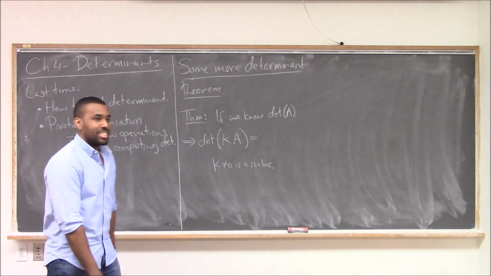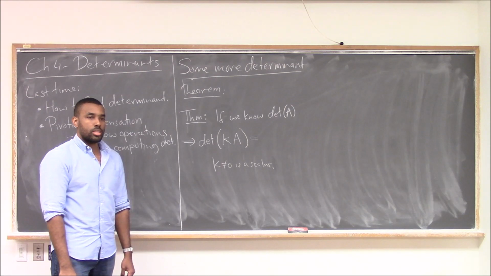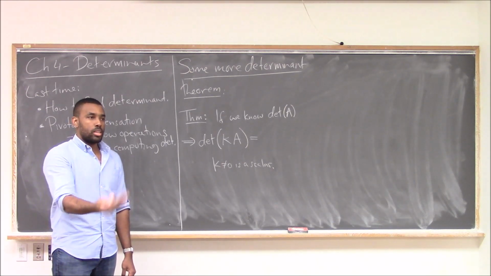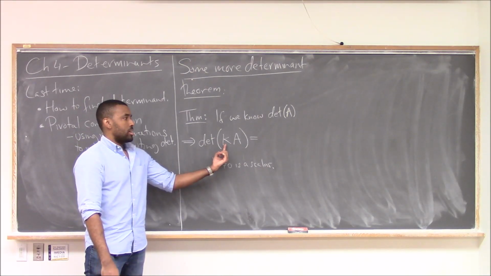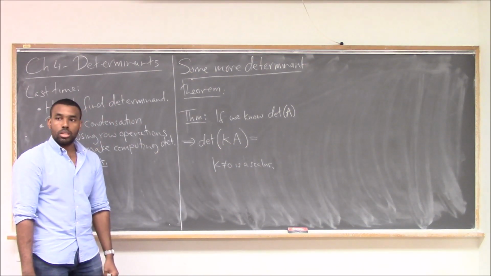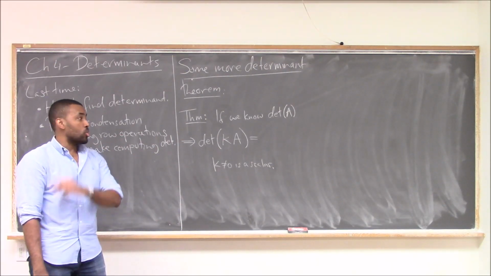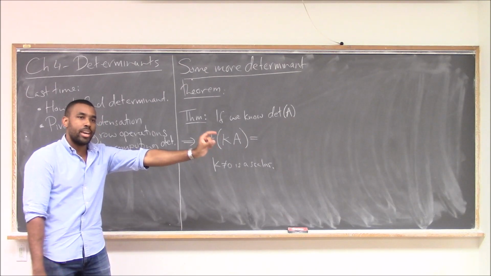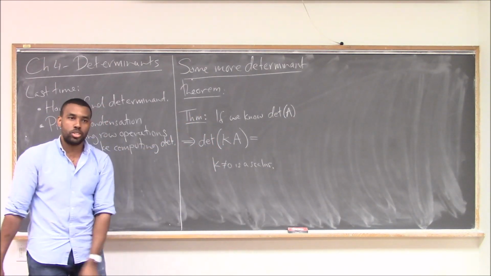What was the rule that we said? If we multiplied a row by a constant, that multiplied the determinant by a constant, right? What does it mean to multiply a matrix by a constant? You would multiply every row by k. So if each time I multiply a row by k, I have to multiply the determinant by k, what would happen if I multiply the entire matrix by k?